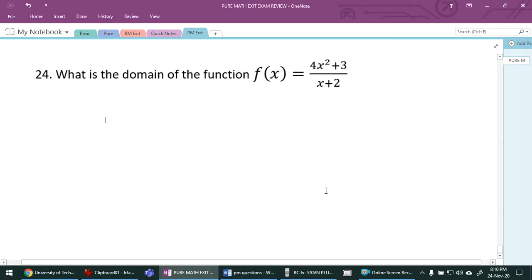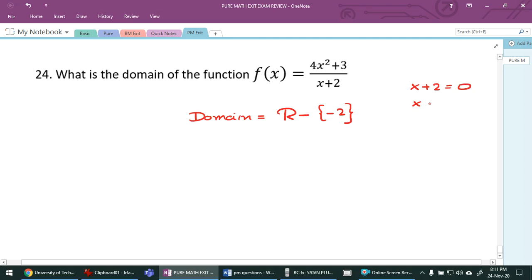Question number 24. What is the domain of the function f of x equal to 4x square plus 3 by x plus 2? Here the domain is R minus 2. How will you get it? See, we have to check what value of x will make the denominator 0. That means we will take x plus 2 equal to 0.